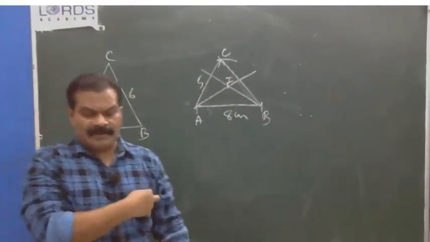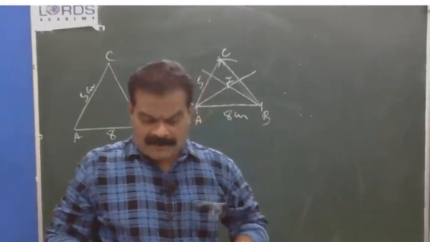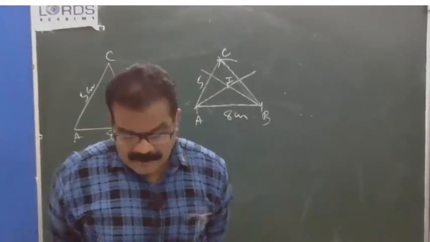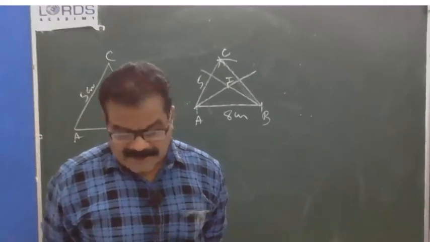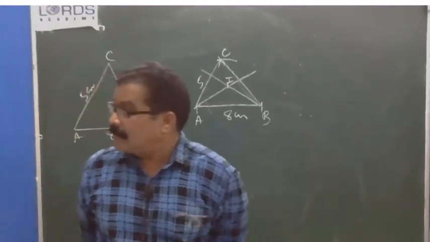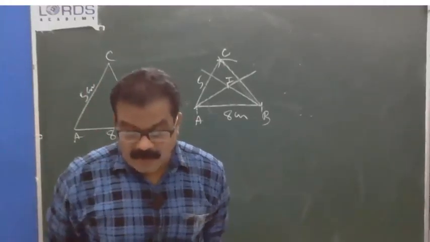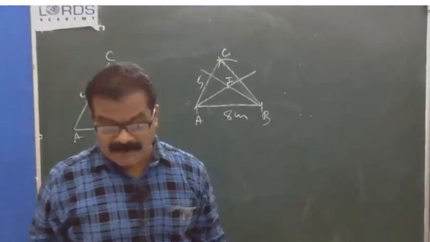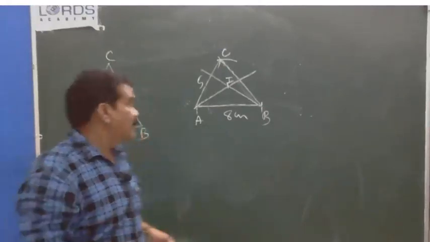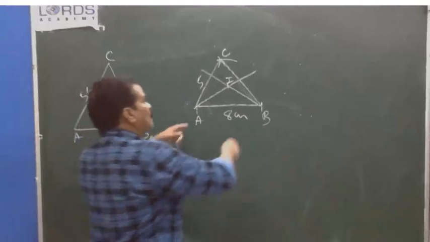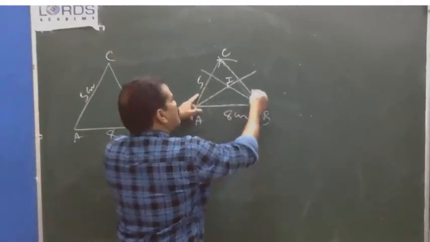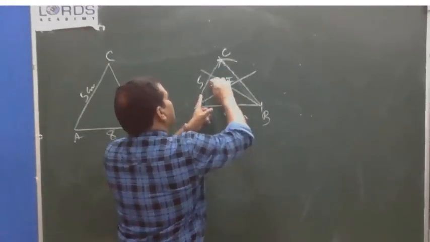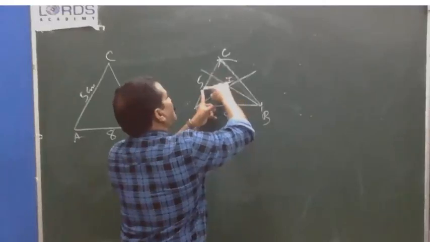The second part: with I as center, draw a circle which will cut off 2 centimeter chords from each side of the triangle. When we draw a circle, that circle will cut each side, and a 2 centimeter chord will come there.